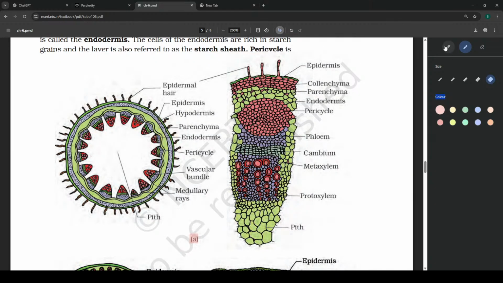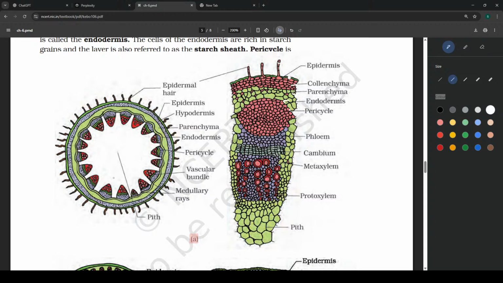This is the epidermis here, with trichomes or epidermal hair. Next is collenchyma for mechanical support. Then comes parenchyma. Then the innermost layer, the endodermis. Then pericycle, phloem, cambium, metaxylem, protoxylem, and pith.